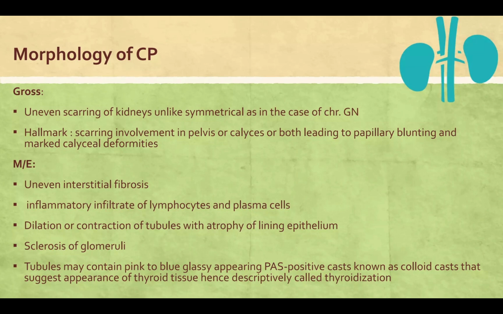Sclerosis of the glomeruli will be there, and tubules may contain pink to blue glassy, PAS stain positive casts known as colloid casts that suggest the appearance of thyroid tissue, hence descriptively called thyroidization, which looks like the thyroid.